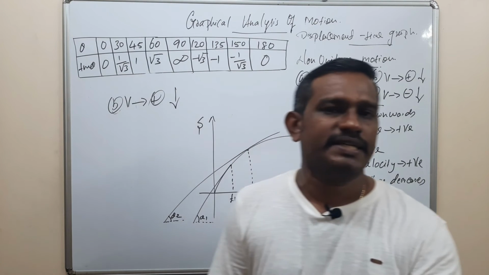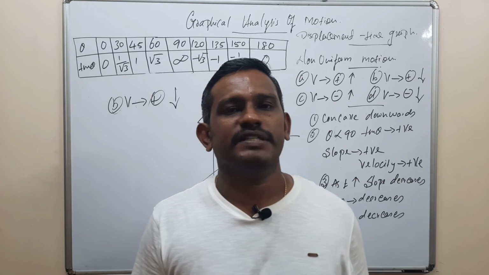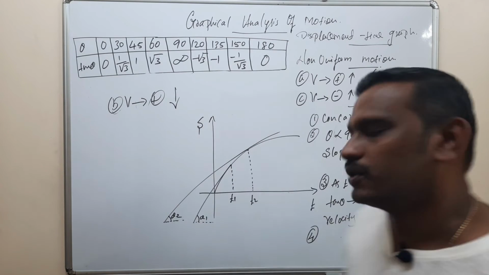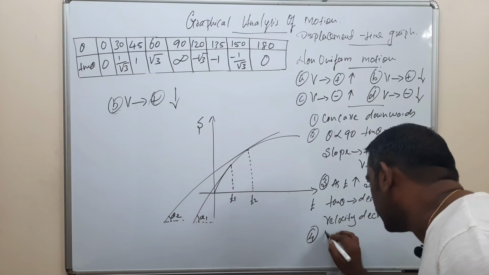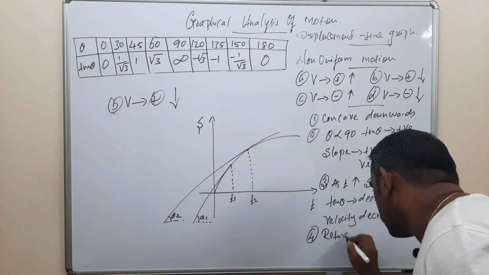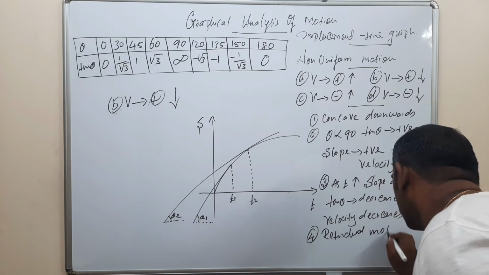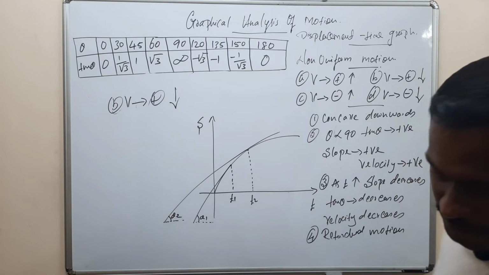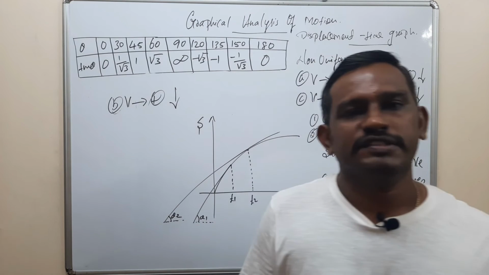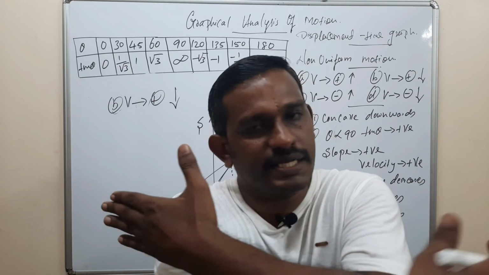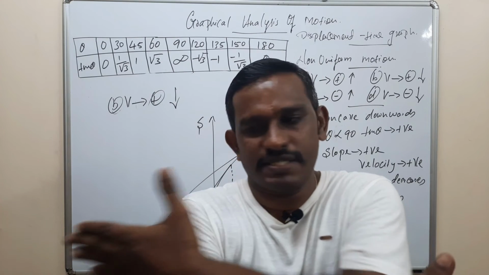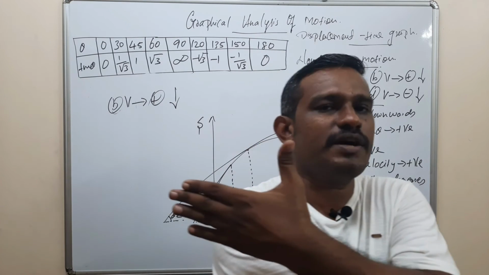Velocity decreases means it is a decelerated motion, or retarded motion. Retarded motion means velocity in this direction, acceleration in the opposite direction. Here velocity is positive, so acceleration is opposite to velocity.